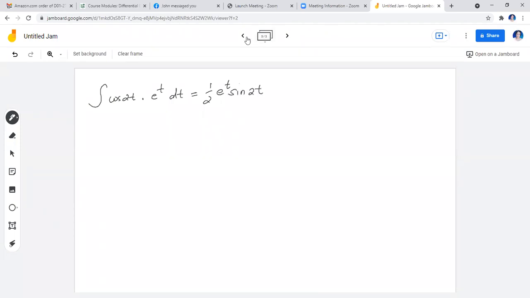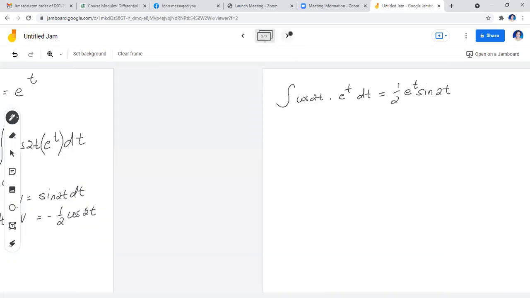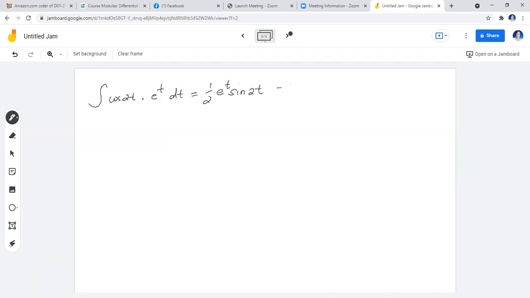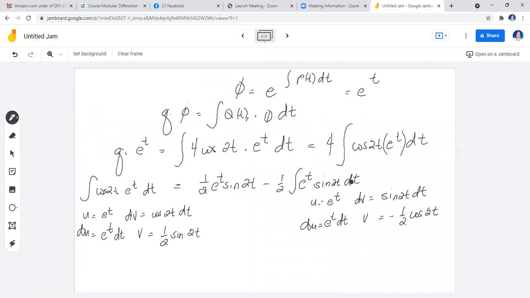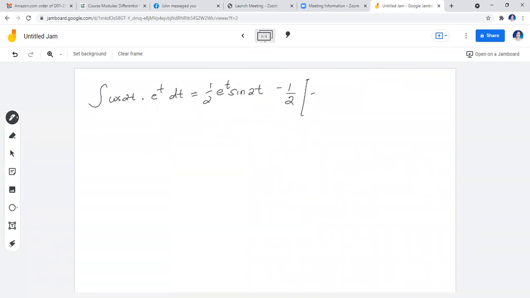Now for the second term, this integral here will have equivalent two terms and it has to be multiplied by negative 1/2. So I'll place negative 1/2 and it will be multiplied to, in that case, uv. So negative 1/2 e raised to t cosine of 2t.